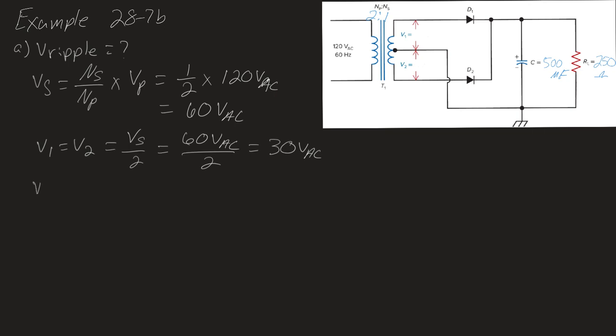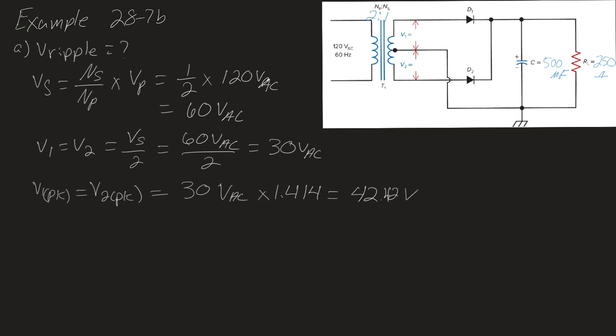So therefore, V1 peak is equal to V2 peak, which is equal to 30 volts AC times 1.414, and that gives us 42.42 volts.